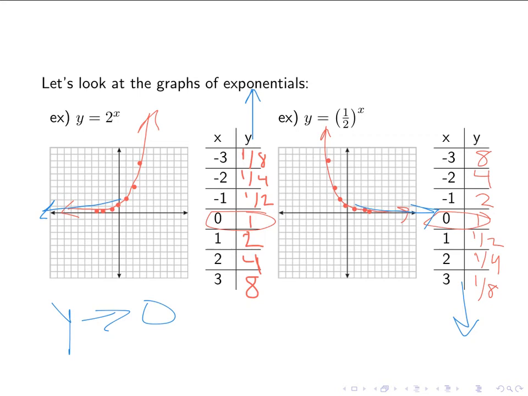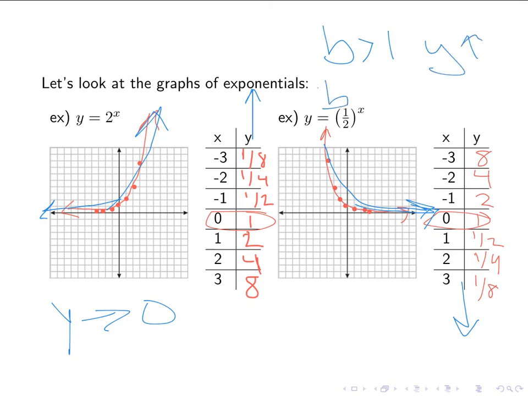Hopefully we can see the major difference is that my first graph is increasing and my second graph is decreasing. So y equals 2 to the x is going higher and higher, where y equals 1/2 to the x is getting smaller and smaller. This has to do with b. If b is bigger than 1, then y is increasing.